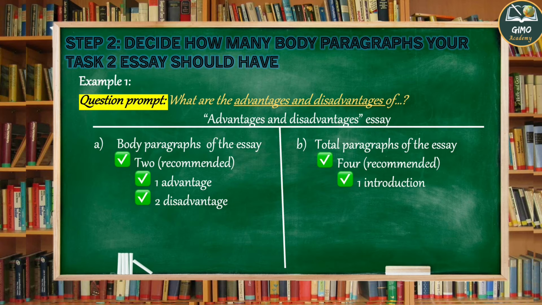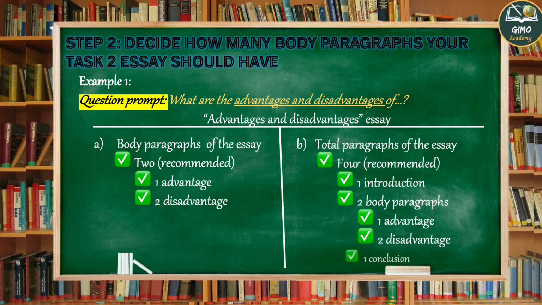One paragraph should be for the introduction, 2 of them for your body, in which one should be for the advantage and the second one for the disadvantage, and the last one for the conclusion. For this reason, we have 4 paragraphs in this kind of essay.